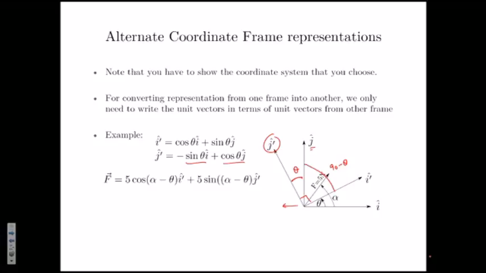Question? Could you explain again where the thetas come from, like where you drew in the theta and the 90 minus theta? So this is theta, right? This is 90 degrees. So how much is this angle? This is 90 minus theta, right? And this angle is also 90 between i prime and j prime. So that is theta. Has to be theta, right?